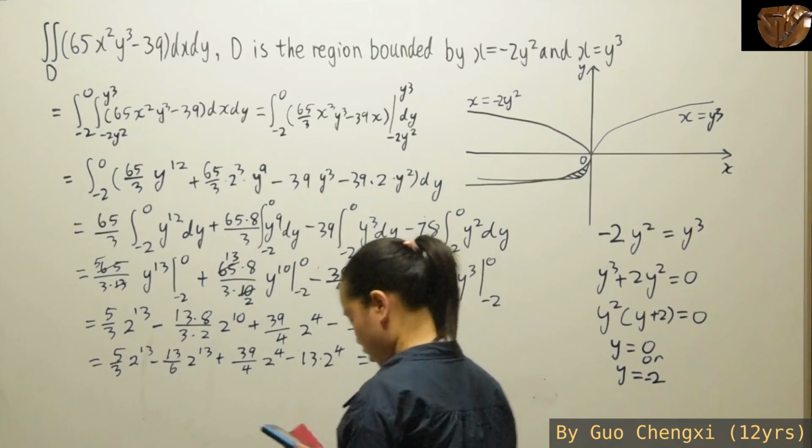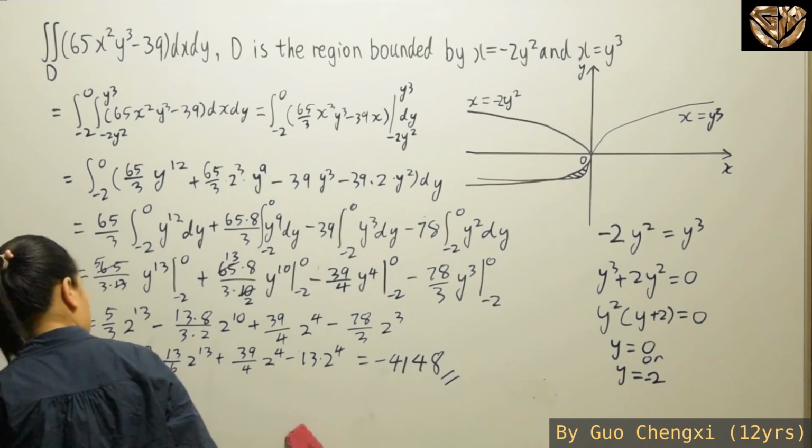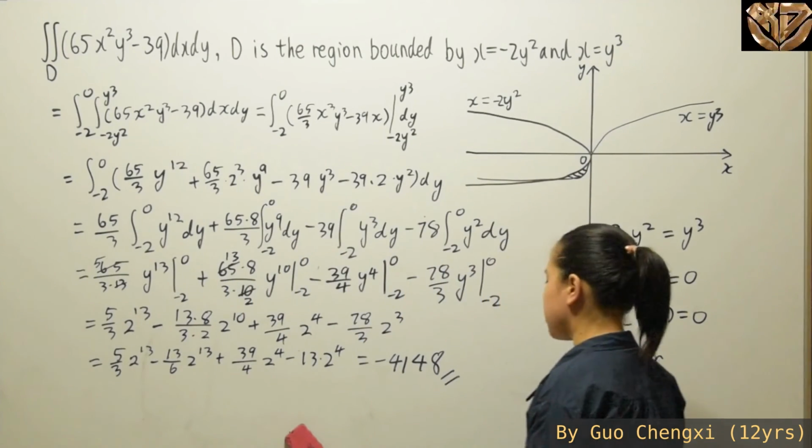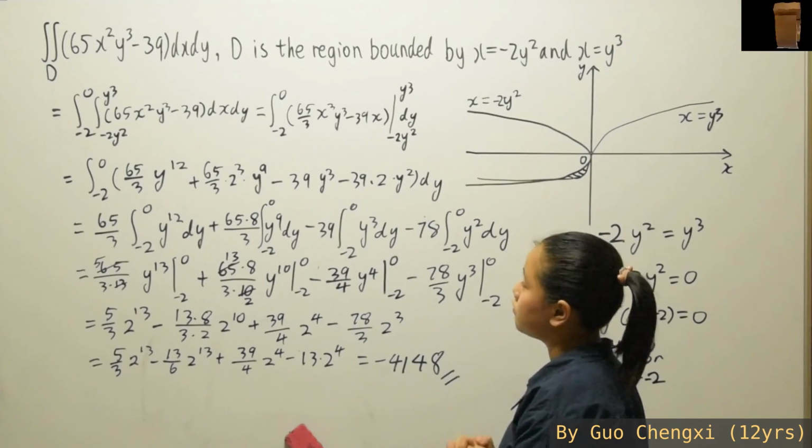Okay, so that is what you're going to get. After you calculate this part, you're going to get a negative 4148, and that is our result for this example over here.